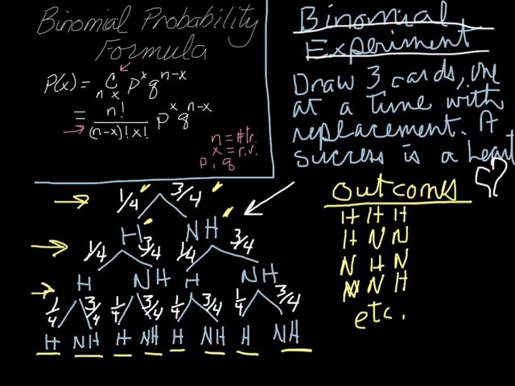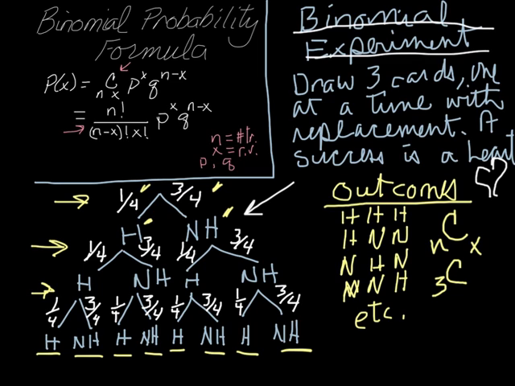Now, if I look at the formula, it has a combination part. So it's n choose x. And in our problem, that would be a combination of 3 trials, and then x would be whatever random variable.